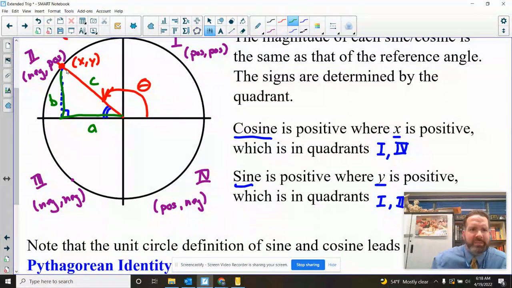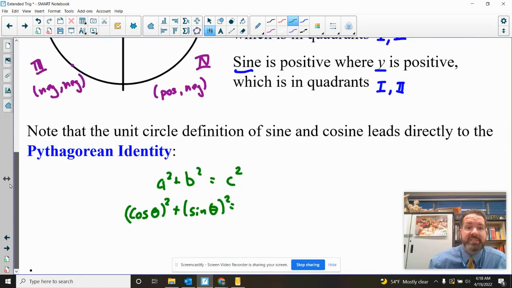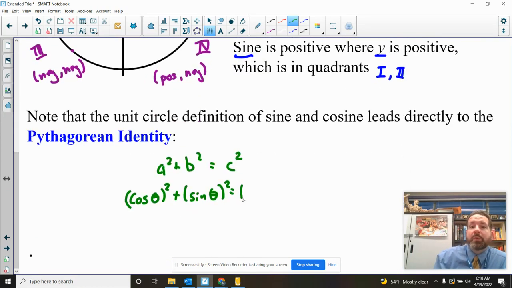Well, c is the hypotenuse length. In the unit circle, we defined the hypotenuse length to be the number 1. And 1 to the second power is just 1. This is called the Pythagorean identity, and your pre-calculus teacher is going to expect you to know it. Cosine squared plus sine squared equals 1.